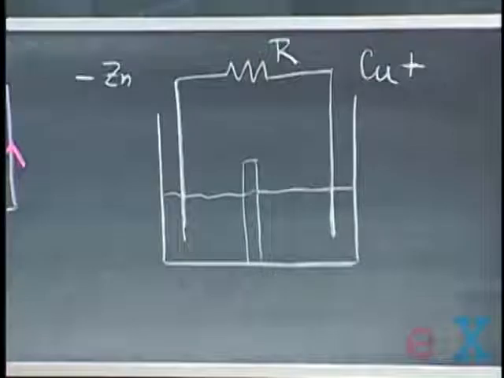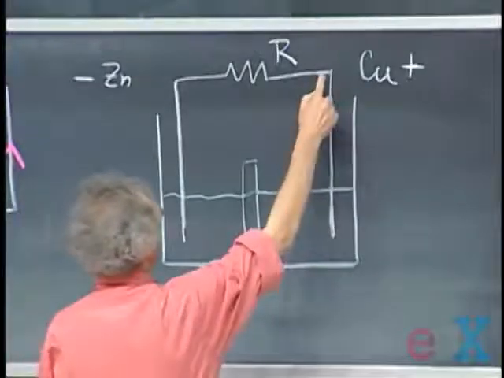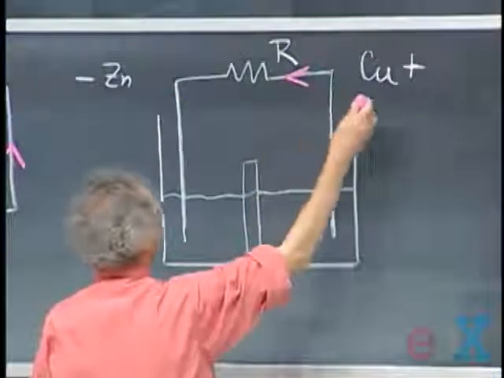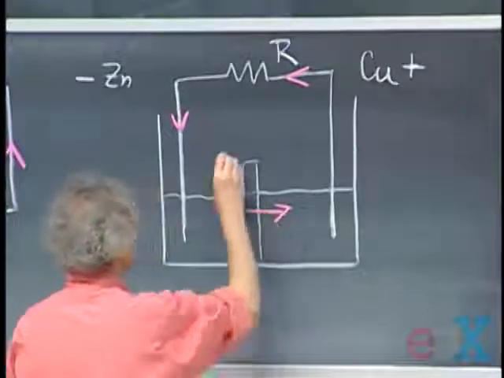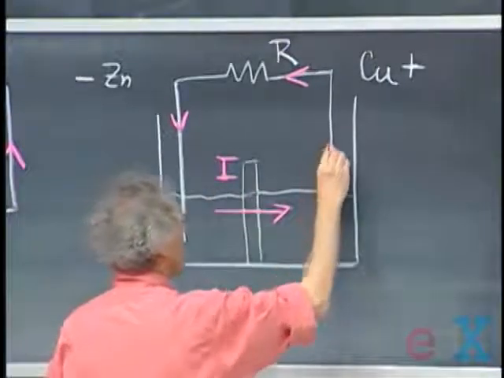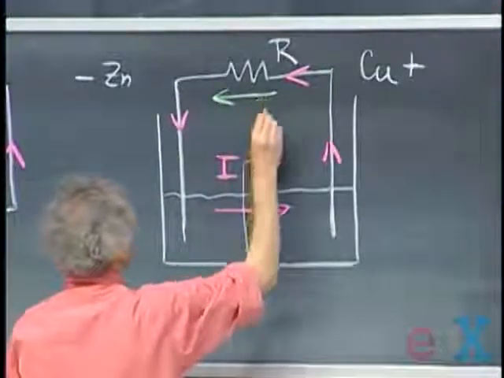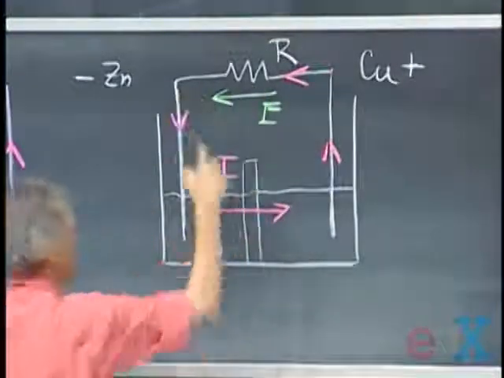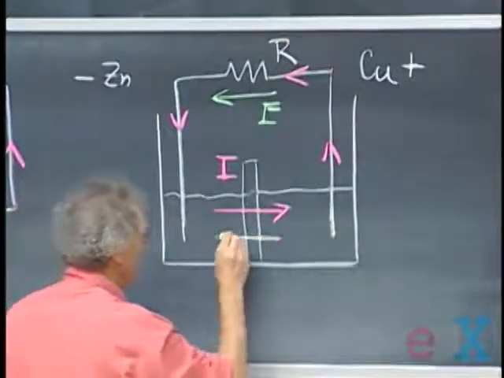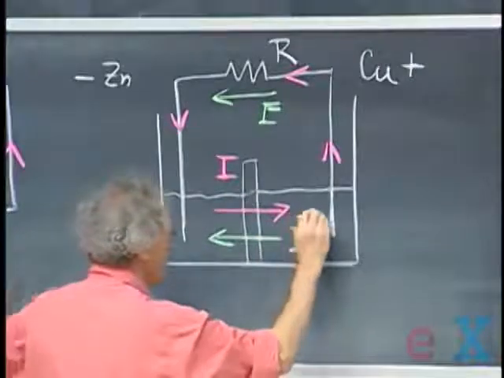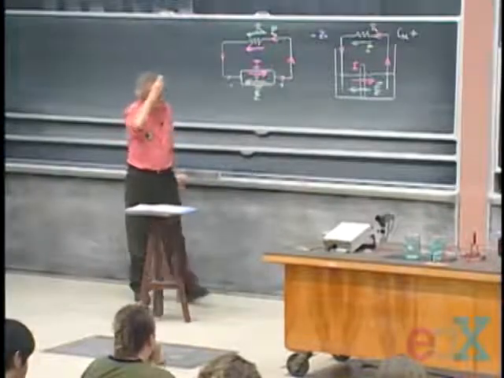And so a current is now flowing. A current is flowing in this direction through the resistor, from the plus side of the battery to the minus side. That means inside the battery the current is flowing like this. And the electric field here is in this direction, from plus to minus, but also inside the battery, the electric field must be from plus to minus. So you see again, as we saw here, that the electric field is in the opposite direction of the current.